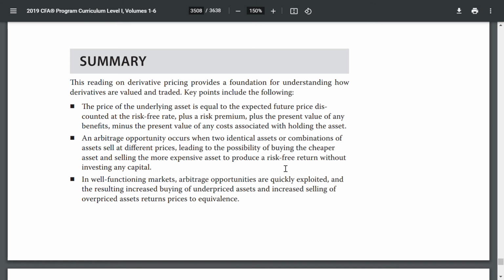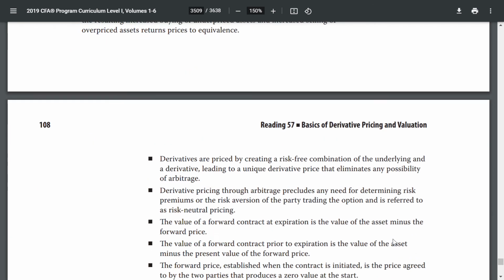In well-functioning markets, arbitrage opportunities are quickly exploited, and the resulting increased buying of underpriced assets and increased selling of overpriced assets return prices to equivalence.